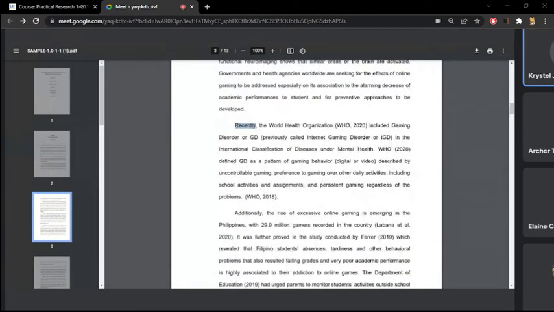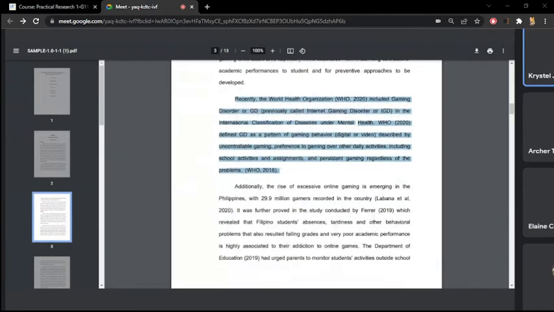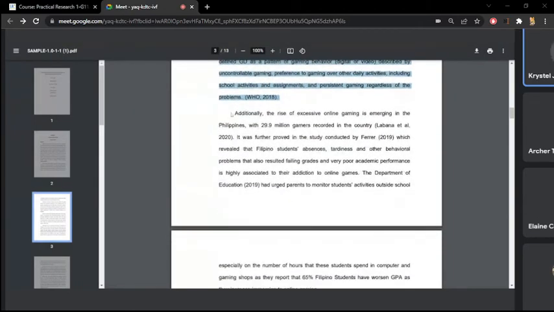That is the international statistics. WHO is an international organization, and this next one is the national statistics.